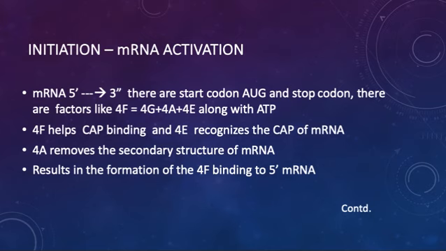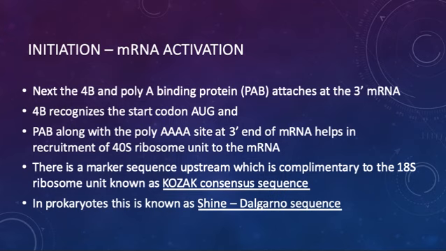Next, 4B and the poly A binding protein attach at the 3' end of the mRNA. Now 4B recognizes the start codon, that is the AUG, and the poly A binding protein along with the poly A site at the 3' end of the mRNA helps in recruitment of the 40S ribosomal unit to the mRNA. Now this 40S ribosomal unit binds to the mRNA.